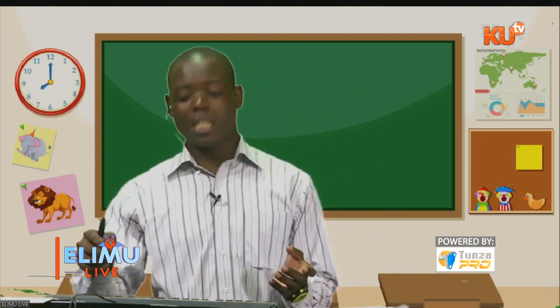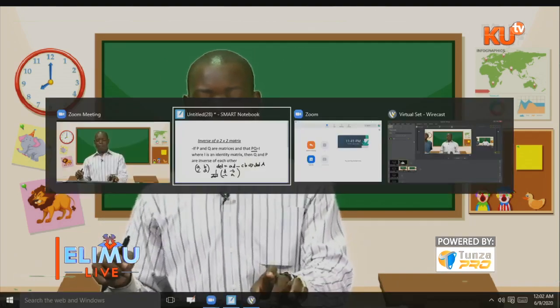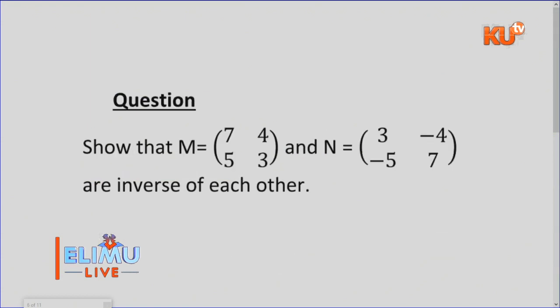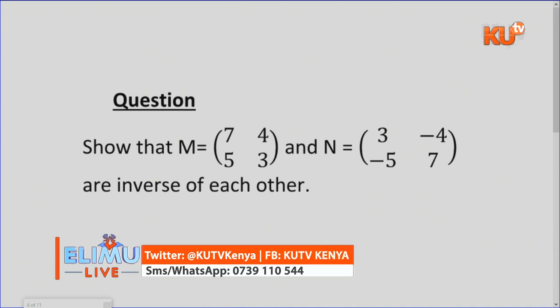Let's do it practically. Let's follow the example and see what we have. In our question, you're told to show that M, which is 7, 4, 5, 3, and N, which is 3, negative 4, negative 5, 7, are inverses of each other.